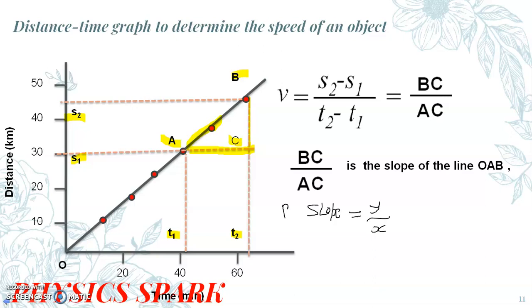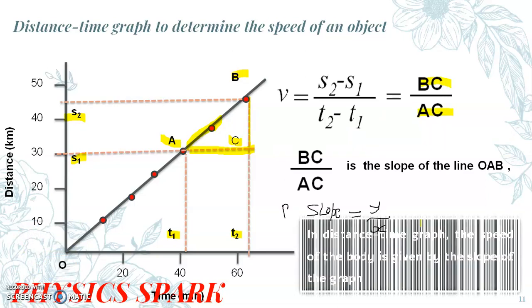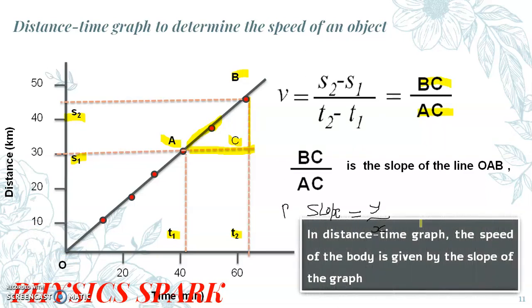Now here y position is BC and x position is AC, that is BC divided by AC. Therefore, we can say that in the distance time graph, the speed of the body is given by the slope of the graph. This is the most important concept, you can say most important 1 mark question: how you can find the speed of the object, or how speed of the object is given in the distance time graph. So your answer is, the slope of the graph will give you the speed of the object in the distance time graph.